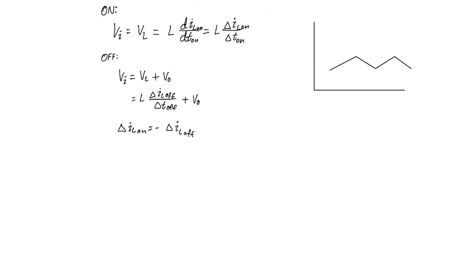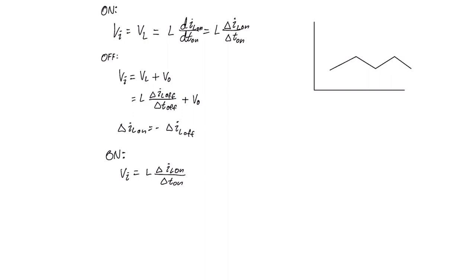So let's do that. We should first start with on. So VI is equal to L and the change of IL on over the change of T on.